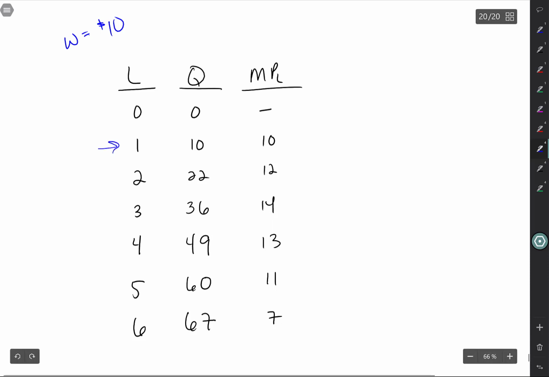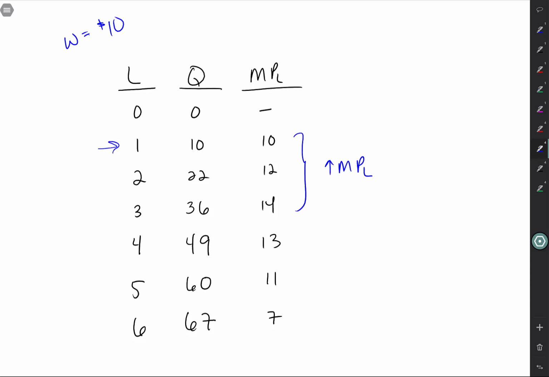As we employ more workers, initially we have our marginal product increasing. Marginal productivity is increasing. So that first worker that cost us $10 gave us 10 units at the margin. The second worker hour is giving us 12 units at the margin.